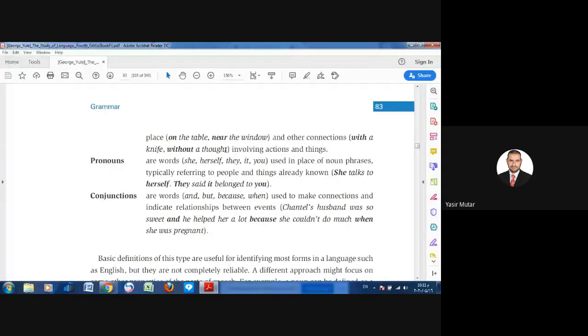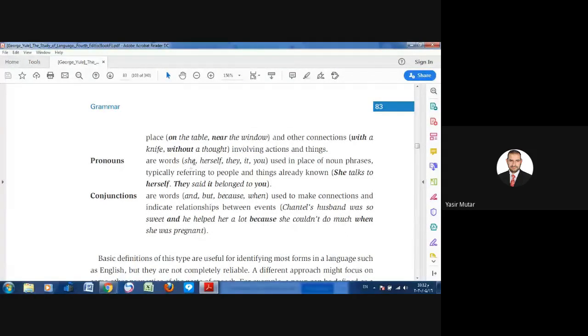All prepositions can be used both to refer to time and place. And other connections, with, without, involving actions and things.